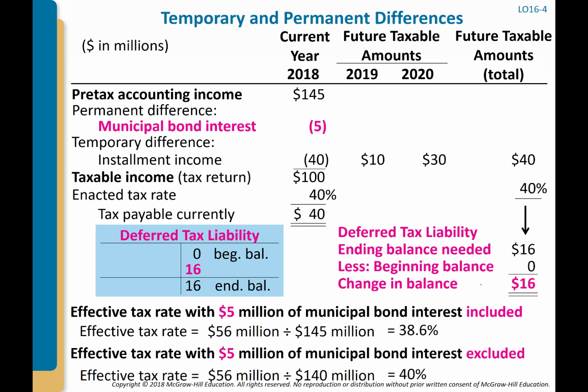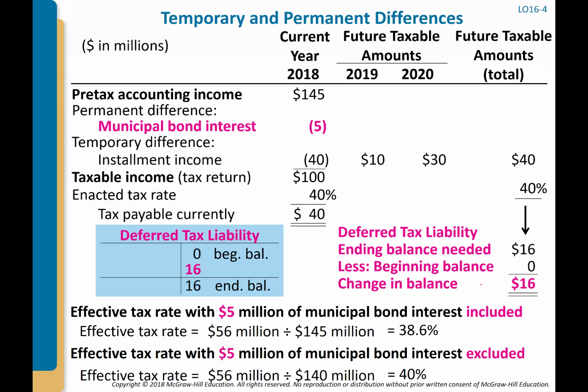Okay? Now when we do our effective tax rate, now we're interested in what? In saying, well, look, our effective tax rate is the $56 million of tax expense that we have here, divided by what? The $145 million of income that we had.